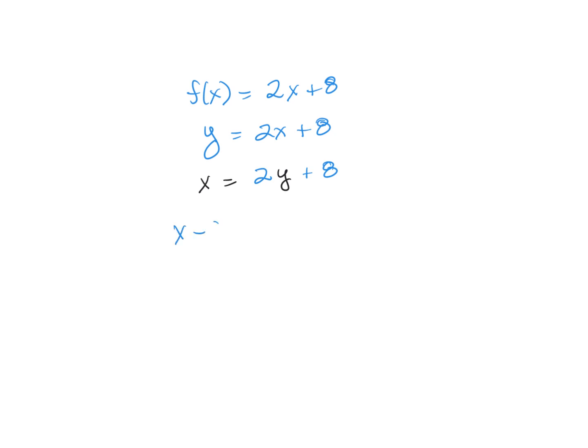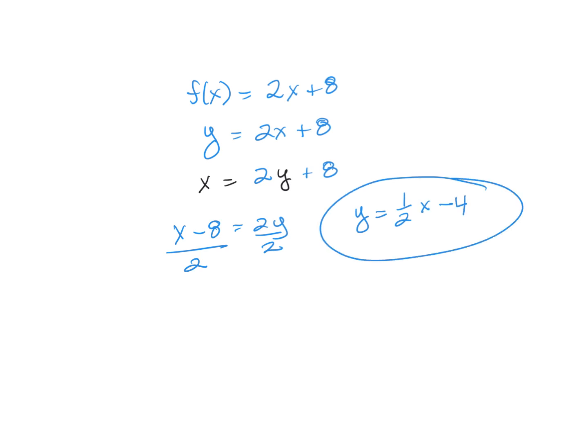So I subtract the 8 from both sides, divide both sides by 2. Y equals 1/2 x minus 4. Take a second, let me graph these for you, and you'll see what happens when they are graphed.